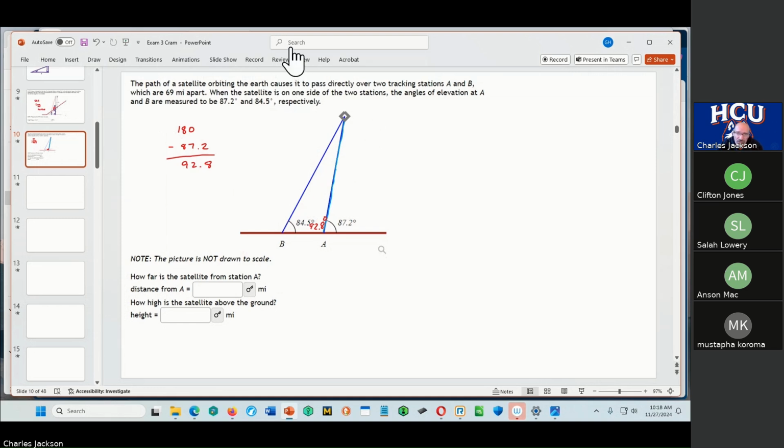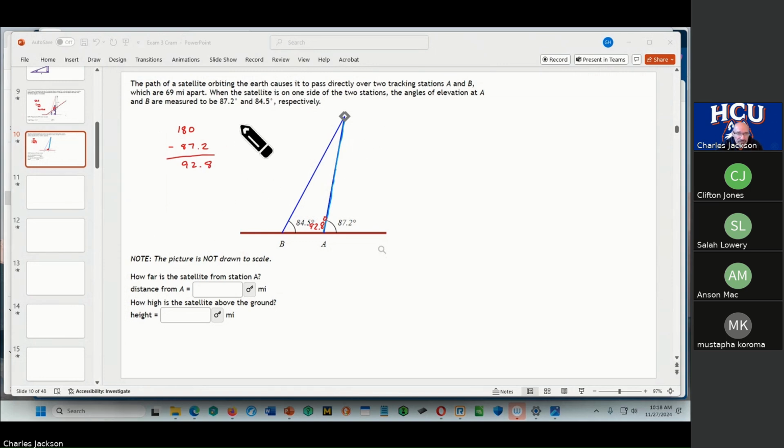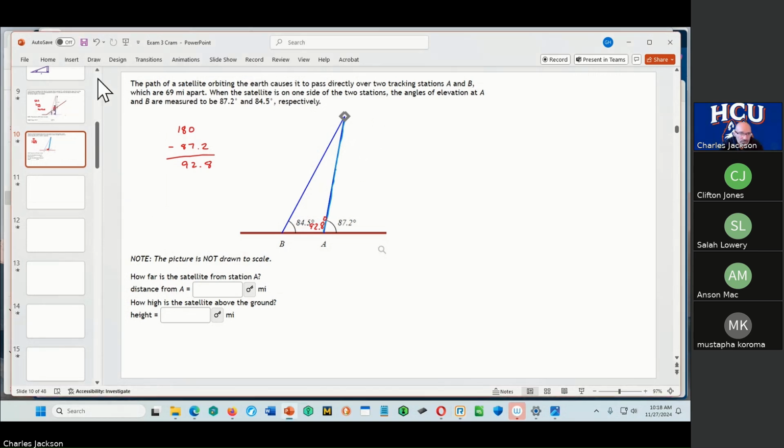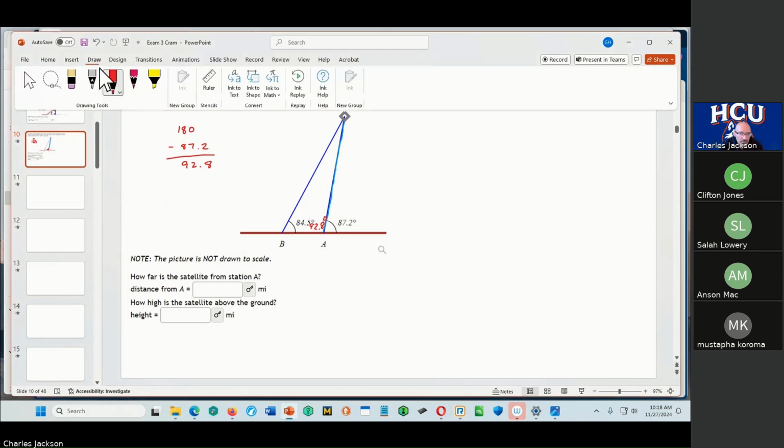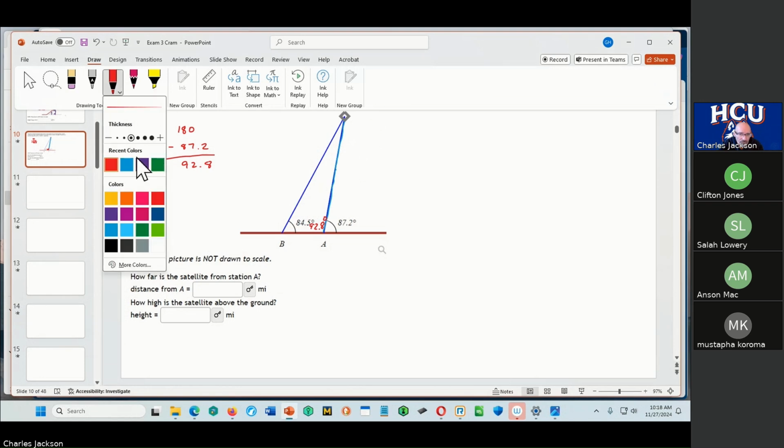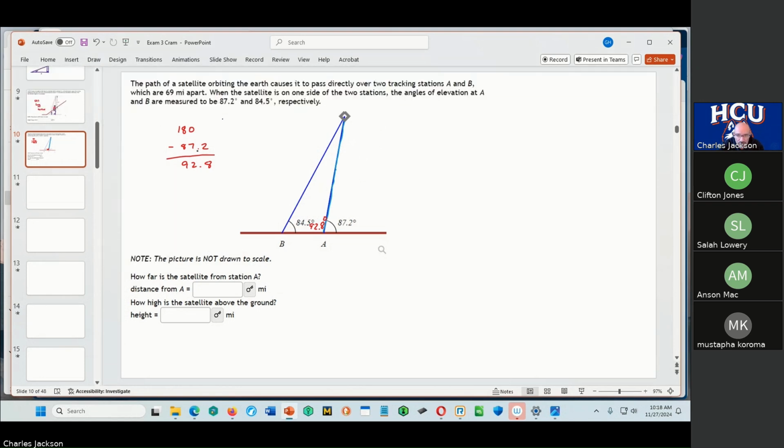And the angle right up here is going to be 180 minus the 92.8 minus the 84.5.